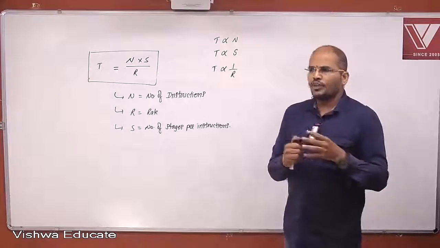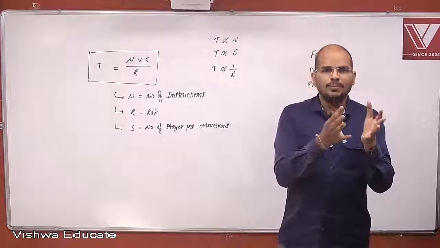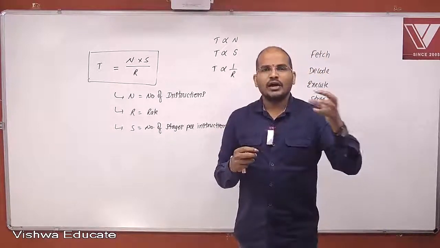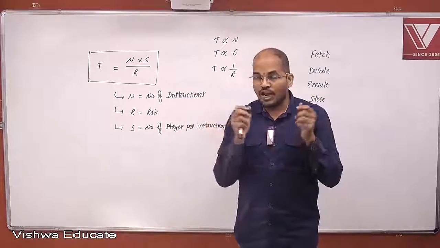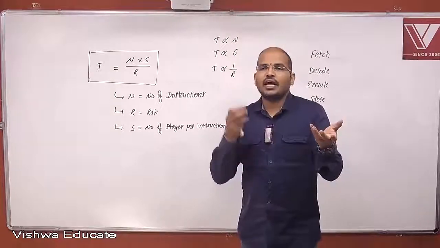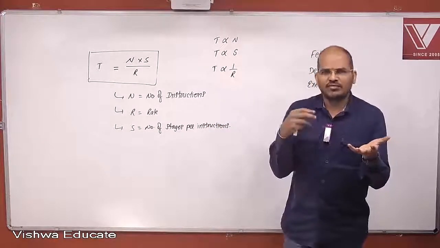For example, if you run the same program on an i3 processor and on an i5 processor, you will definitely have a change in time, because i3 and i5 functionalities differ and the speed is more. There are various factors.